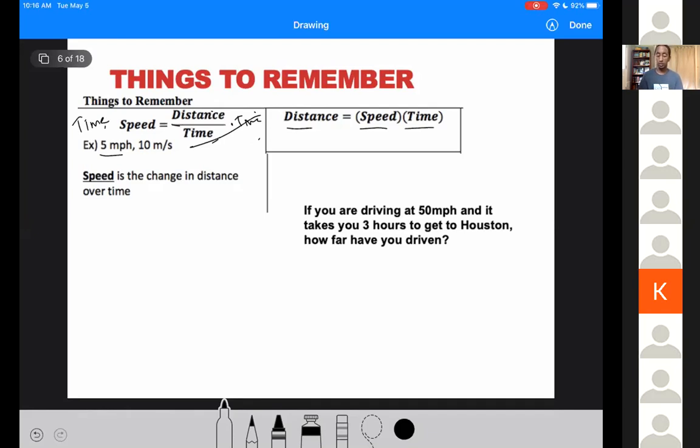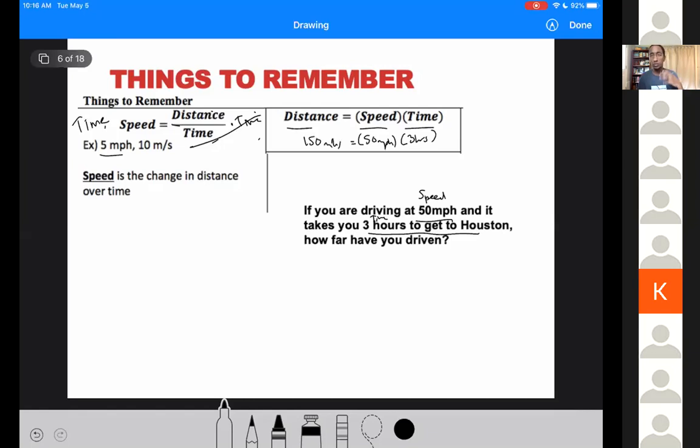And so you would use that if I said, for example, you're driving at 50 miles per hour and it takes you 3 hours to get to Houston. And you were asked, how far did you drive? If you're driving 50 miles per hour, that is your speed. If it takes you 3 hours, that's the amount of time. So if you multiply 50 miles per hour times 3 hours, it gives you your distance, which would be 150 miles, right?